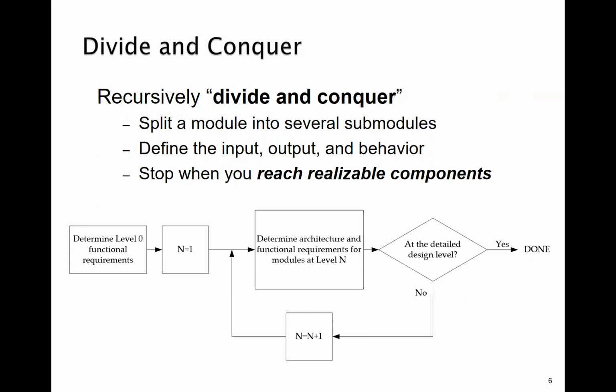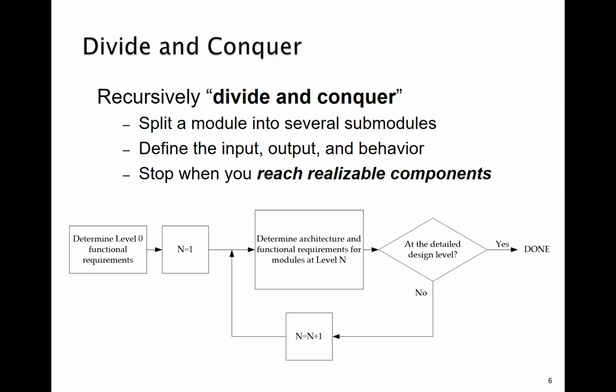So we can show this as a flow chart here. Level 1 comes after level 0, where we define functional requirements. And then the first stage will be design architecture, and we define functional requirements for the first level. And then we check whether this level 1 gives the detailed design or not.